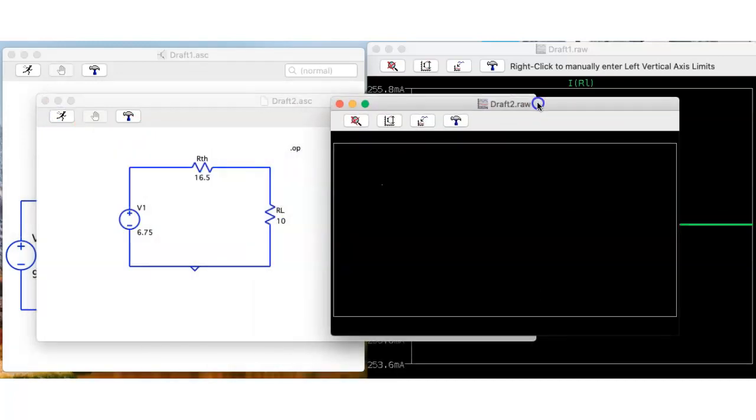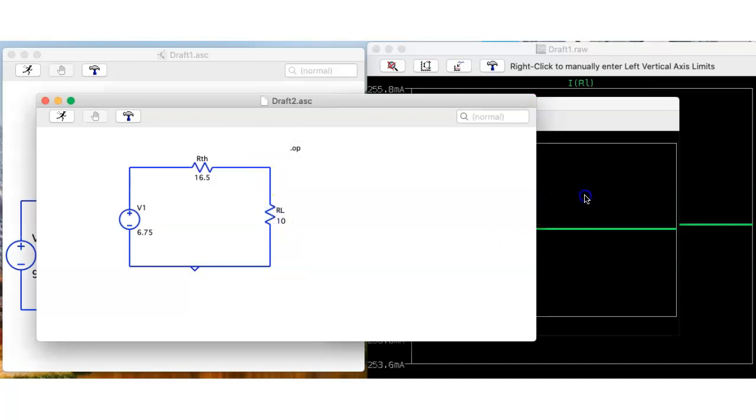Now you will see the current in this resistance.